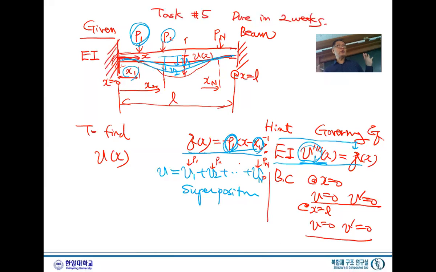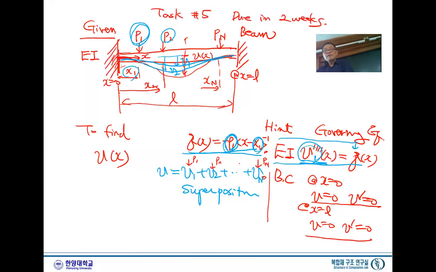So all you need to do is just solve one, change the value, and then add them. You may not understand what I'm saying exactly, but when you do that, you will understand. Review my explanation, and you will understand better.